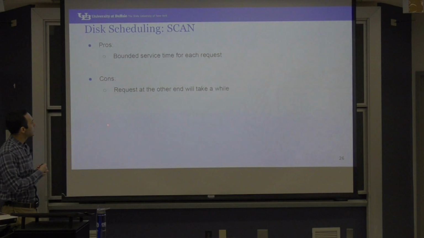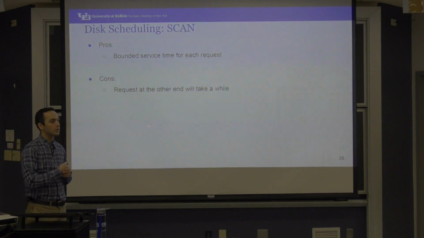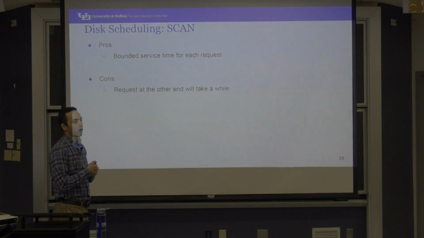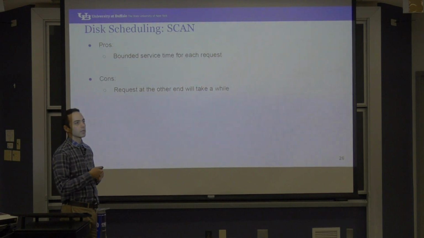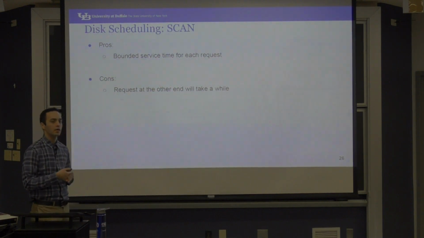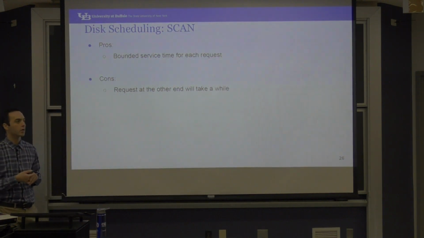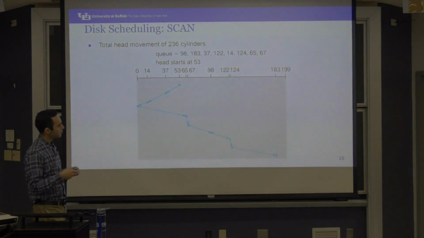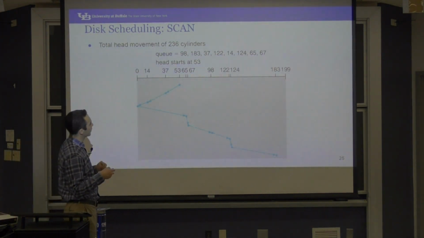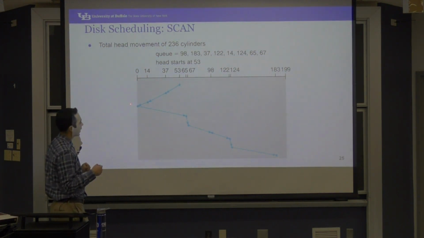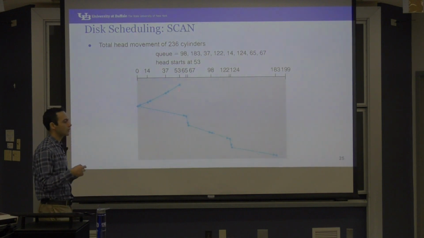So the problem is now some of the requests take longer than the others. Especially if you consider this request, for example, if the head moves from here and then back to here, it's 106 cylinder moves.